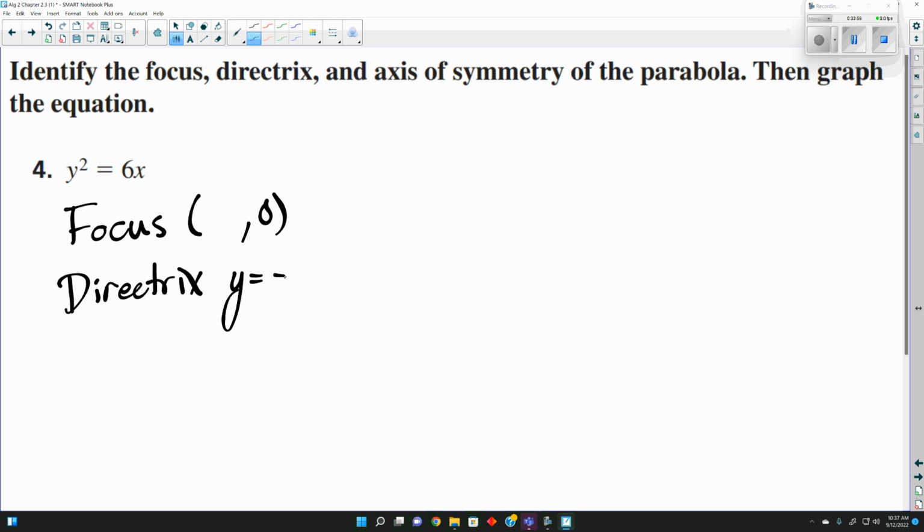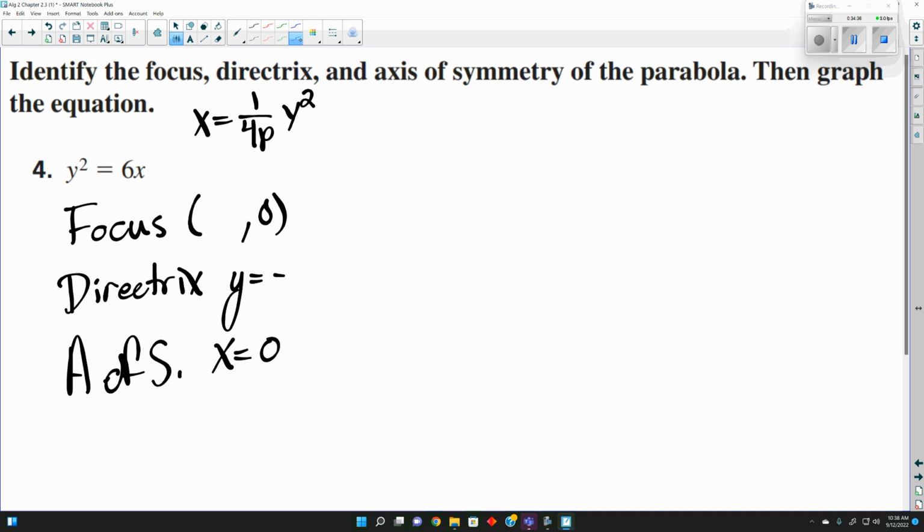I'll still put the negative in there, even though we're going to plug a value in, because it's good to put that negative there just to remind ourselves whatever that value is will be negative, or we're going to have to flip it from the focus. And our axis of symmetry is going to be the equation x is equal to 0. And we know the vertex for these here is 0, 0. And this is matching up to our equation x is equal to 1 over 4p times y squared.